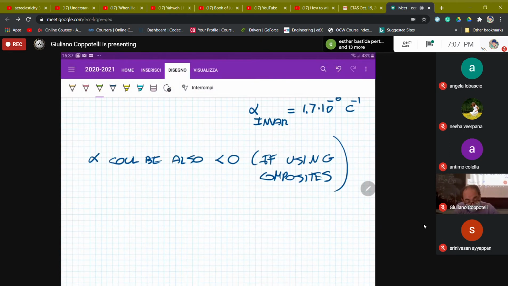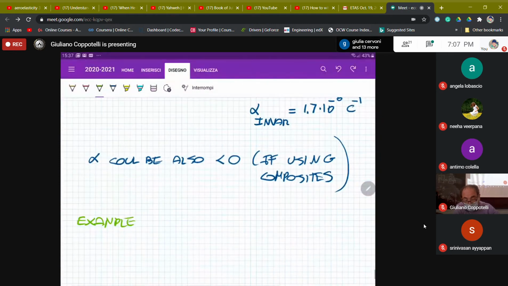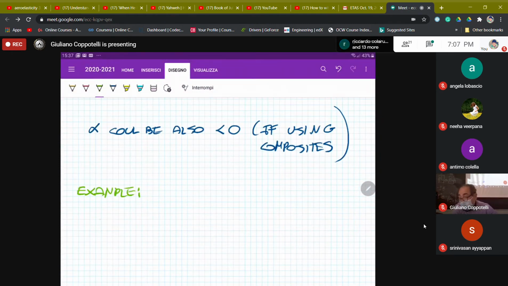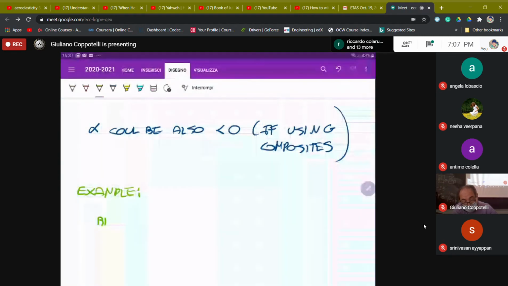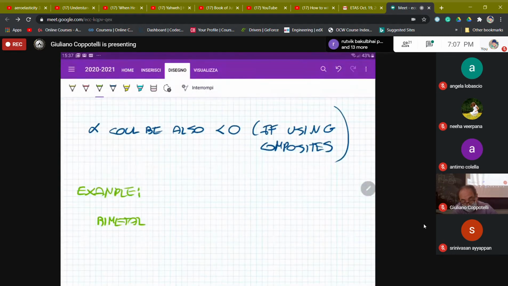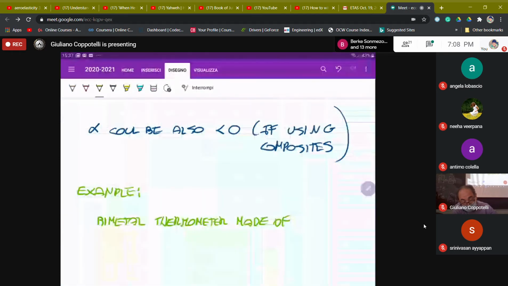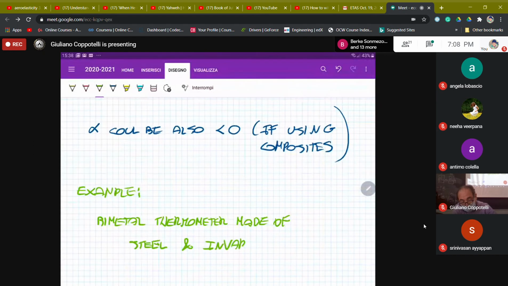Let's see an example of numbers. So we have a bimetal thermometer made of steel and INVAR, that is an alloy.